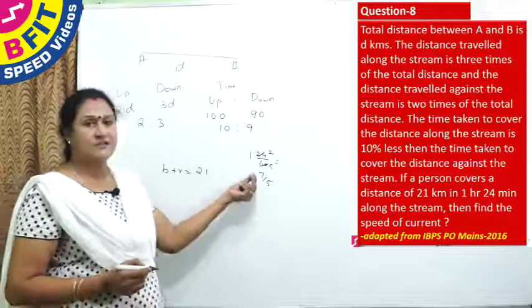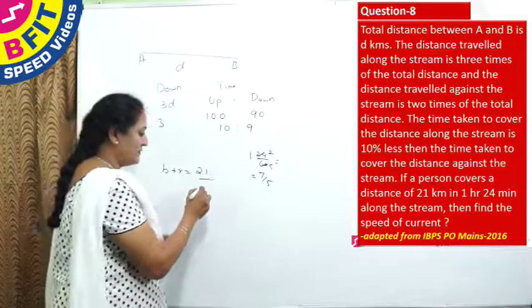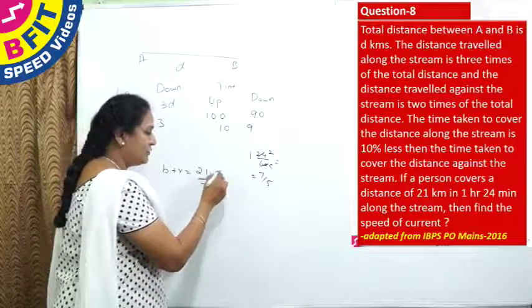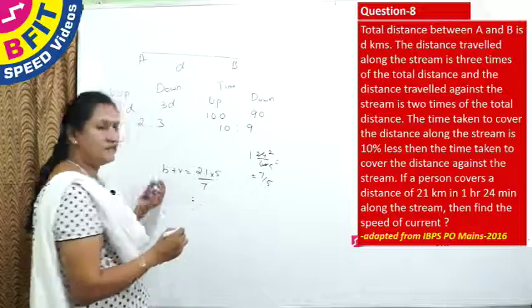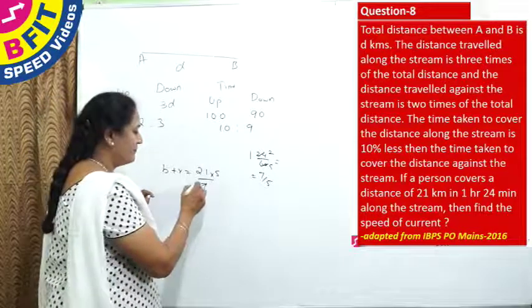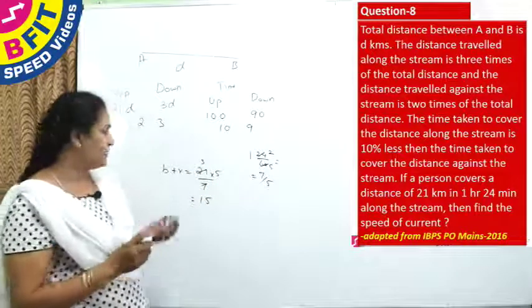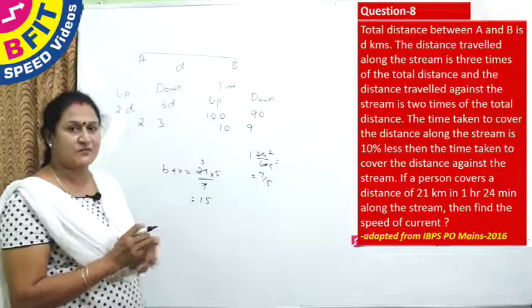So time taken is 7/5 hours. Distance is 21, time taken is 7/5. Sending the 5 to the numerator, what is this downstream speed, the sum of speed of the person and the stream? It is 15.